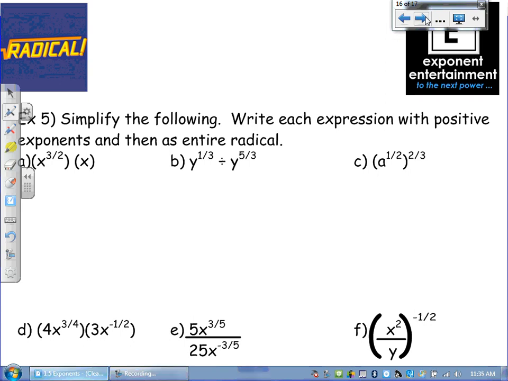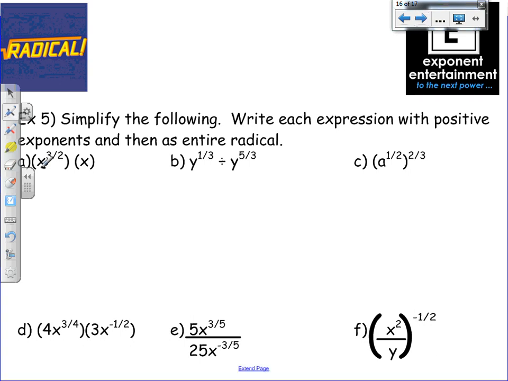So we have x to the power of 3 over 2 times x to the power of 1. Can you add 1 and add 3 over 2? No, we're going to have to do a crash course on common denominator. 3 over 2 plus 1. You can't add things together unless the denominator is the same.